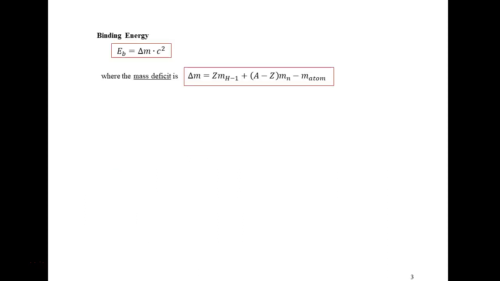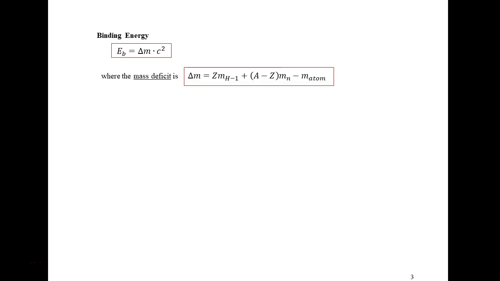Okay, there's one calculation that I want you guys to be able to do, and that's to find what we call the binding energy of the nucleus, E sub B. You can think of this as: if you wanted to break apart a nucleus into its individual neutrons and protons, how much energy would you have to put in to do that? Now, an amazing result is if you add up the mass of the individual free nucleons.